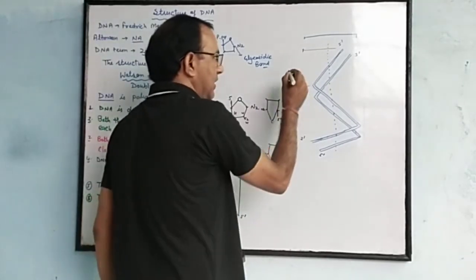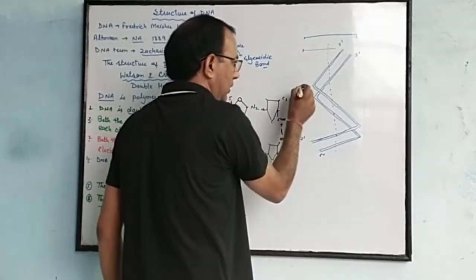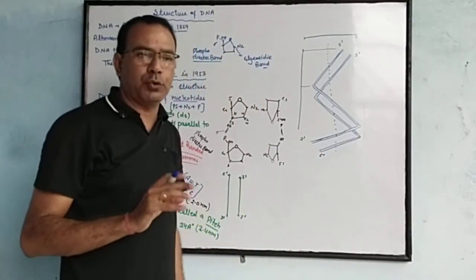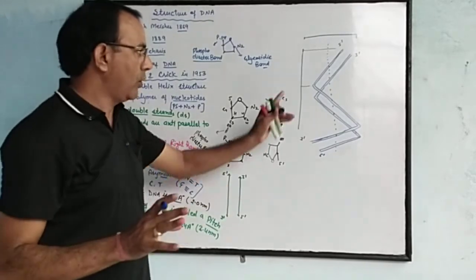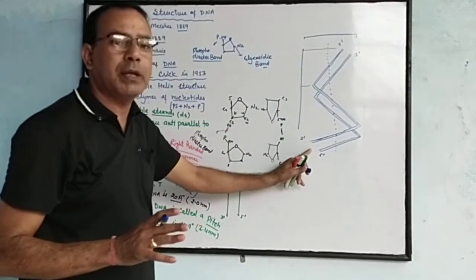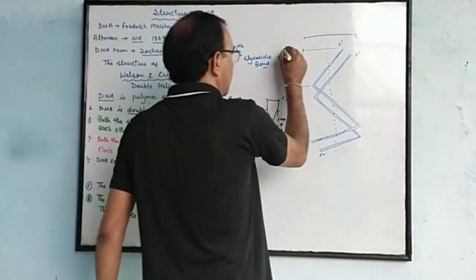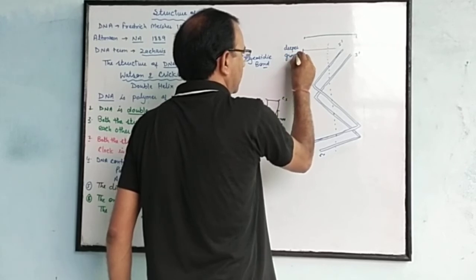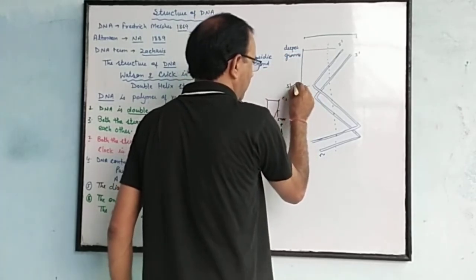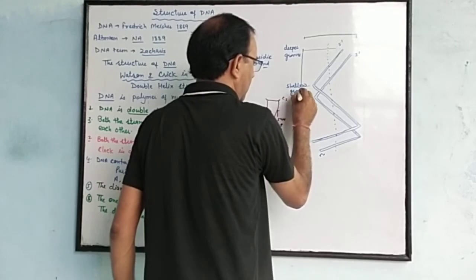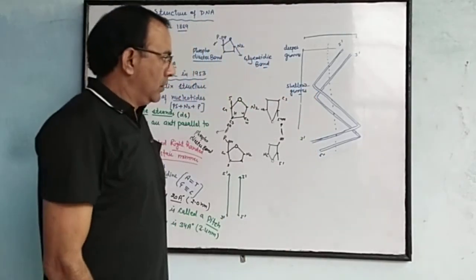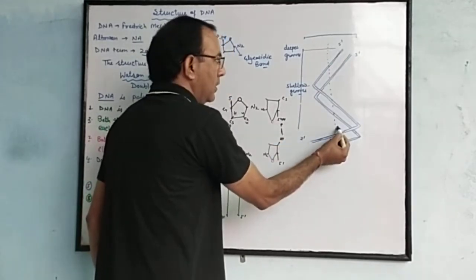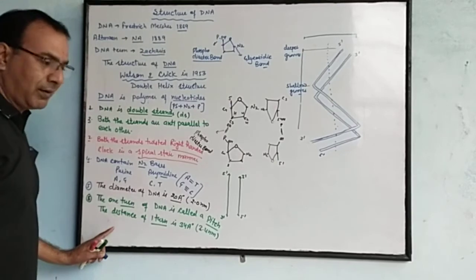If we measure the distance from one deeper depression to the next, meaning two consecutive deeper to deeper depressions, or two consecutive shallow to shallow depressions. The deeper depression is known as the major groove, and this one is the shallow groove. The distance between two consecutive shallow to shallow or deeper to deeper grooves is known as a turn.